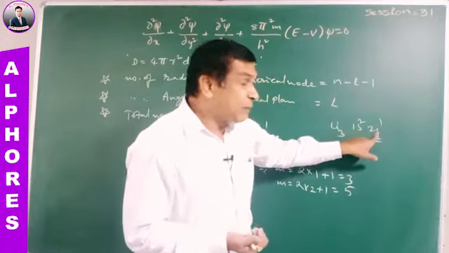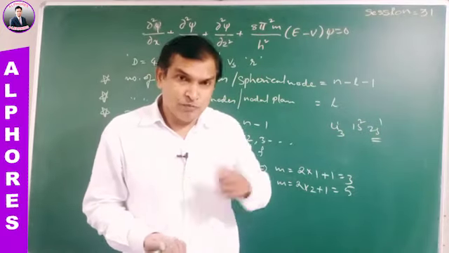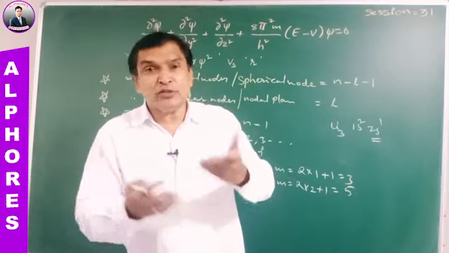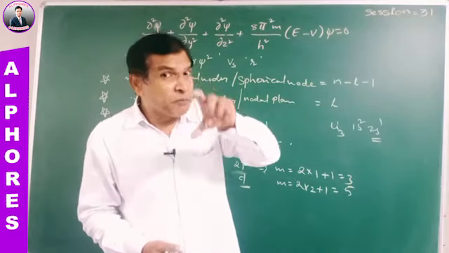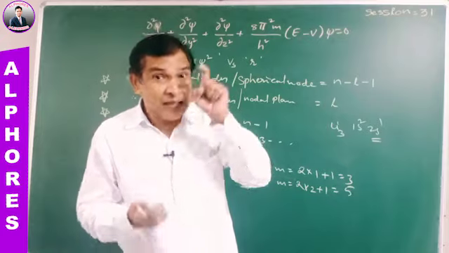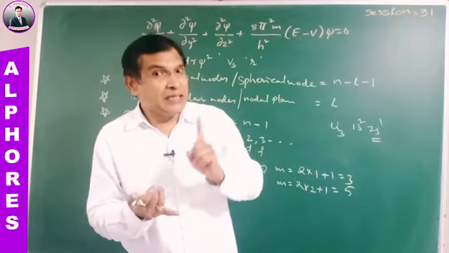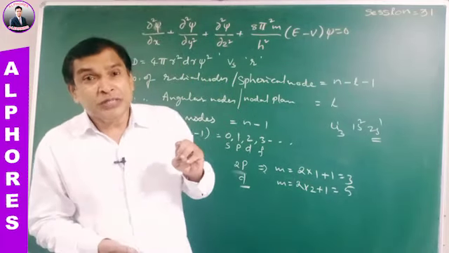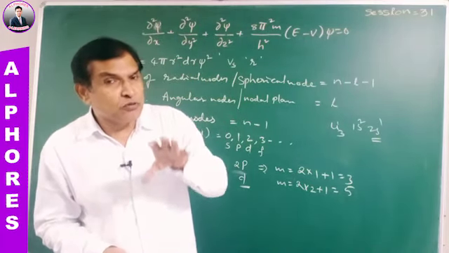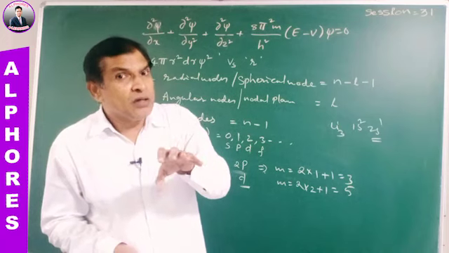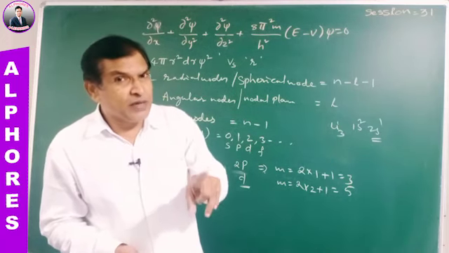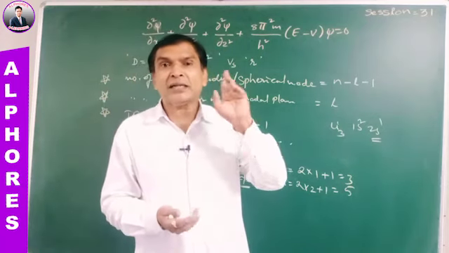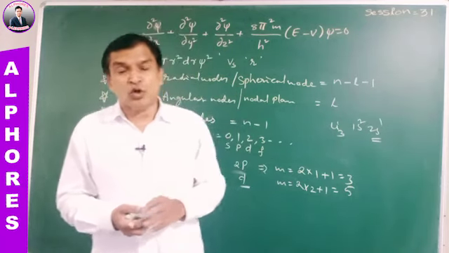That subshell's L value is 0 for the s orbital. In that subshell different orbitals are present. So to represent an orbital: orbital m, subshell L, shell n. To designate an orbital, 3 quantum numbers are significant: principal quantum number, azimuthal quantum number, and magnetic quantum number. Okay, those are all important points.